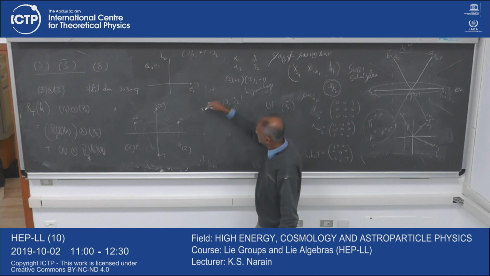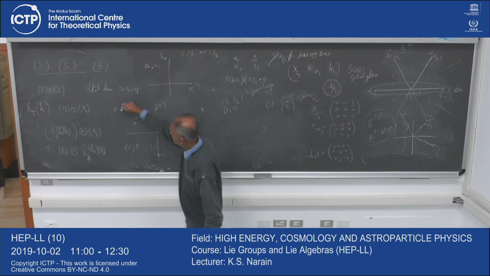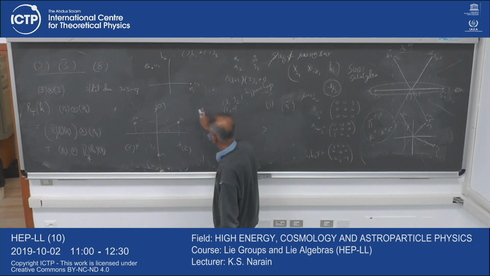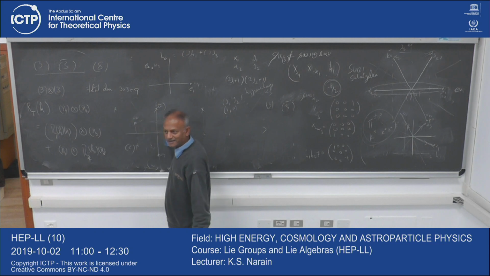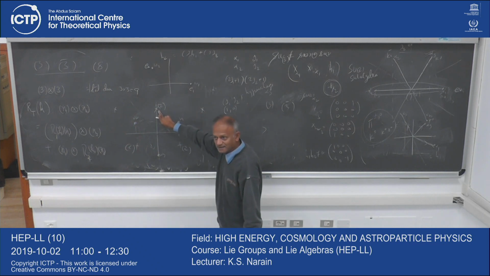I apply x minus alpha 1 here, and x minus alpha 1 here. Because it's spin 1, there should be 3 in the SU(2) subalgebra of that representation. So these 3 come here, but here there are 2 states, and only one state.